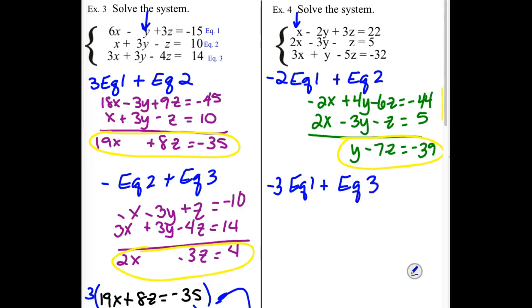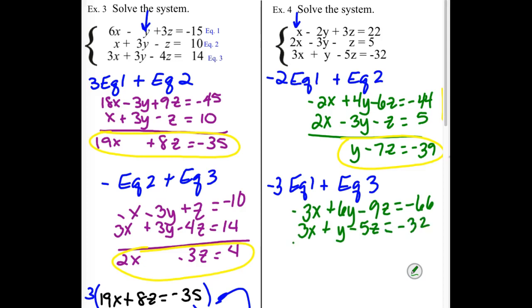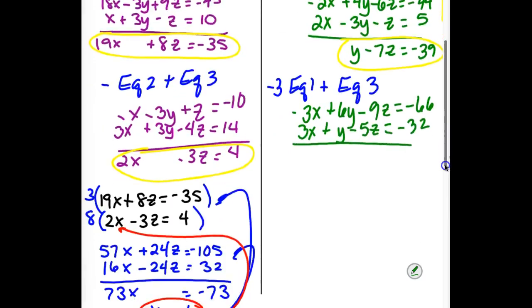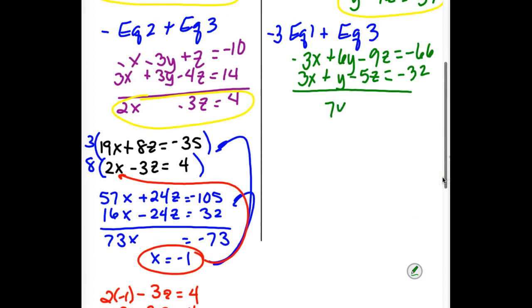Okay? Timesing the first one by negative 3. We've got negative 3x plus 6y minus 9z equals negative 66. Adding it to our equation 3, we end up with 7y minus 14z equals negative 98.